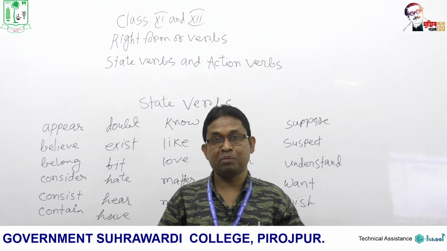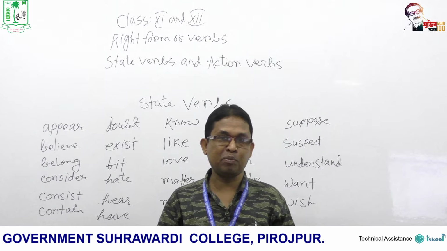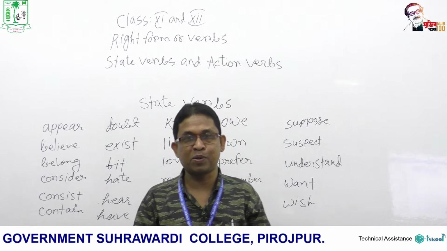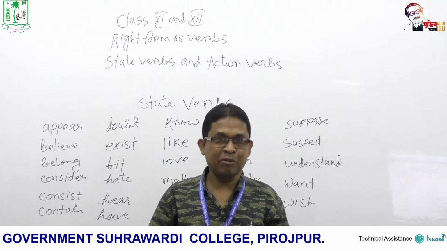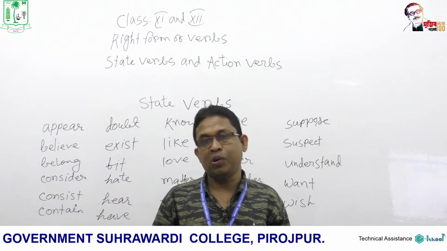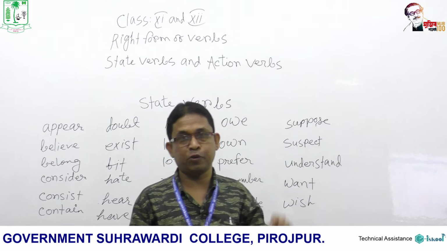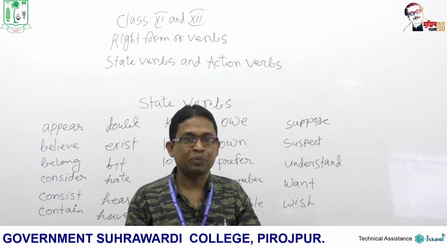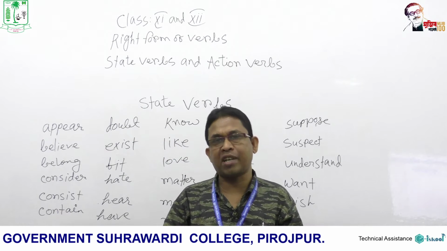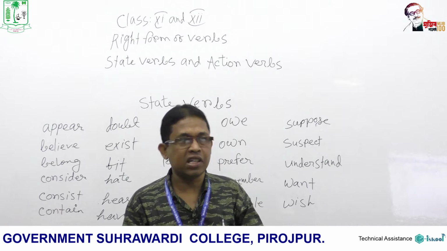Very smart name. I think you are waiting with curiosity to know what state verbs and action verbs are. So let's at first try to understand what state verbs are.